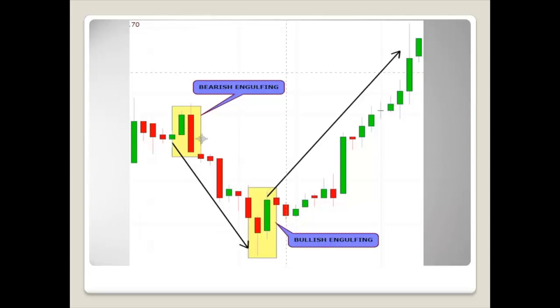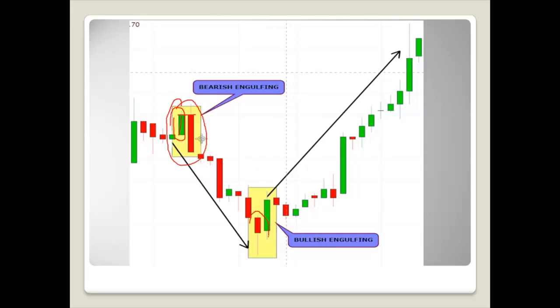Yes, so we can see we have a bearish engulfing and a bullish engulfing. Now what is a bearish engulfing? This is a green candle, and after the green candle we have a red candle which has engulfed the previous candle. Can you see it? The previous candle has been engulfed by the next candle, and this is called bearish engulfing. And what is a bullish engulfing?